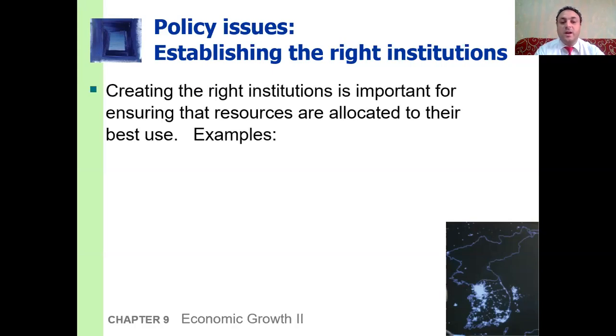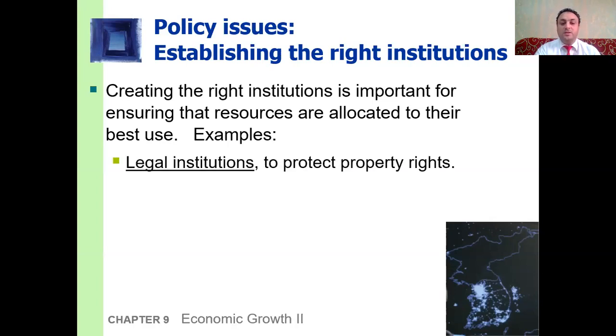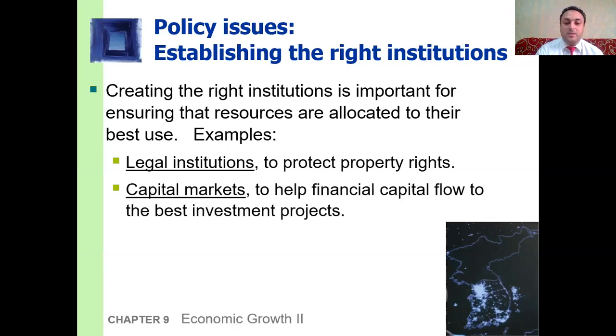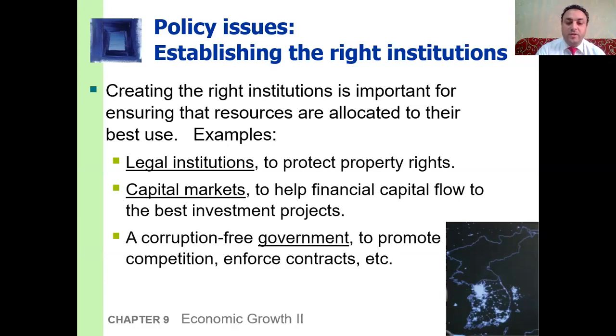So creating the right institutions is important for ensuring that resources are allocated to their best uses. How? By legal institutions, for example, to protect property rights, capital markets to help financial capital flow to the best investment projects. Also, a corruption-free government to promote competition, enforce contracts, etc.